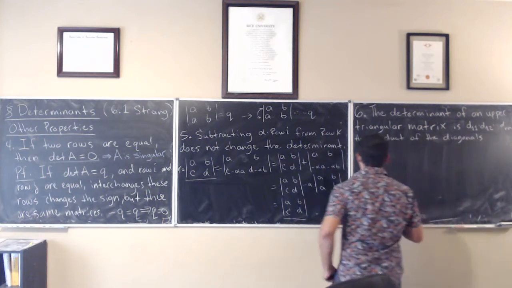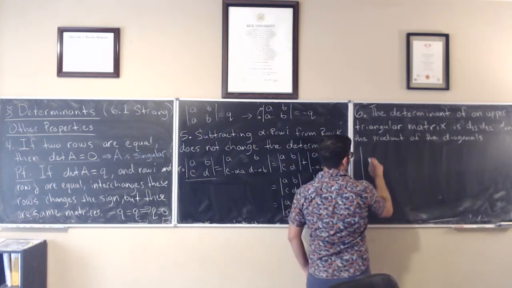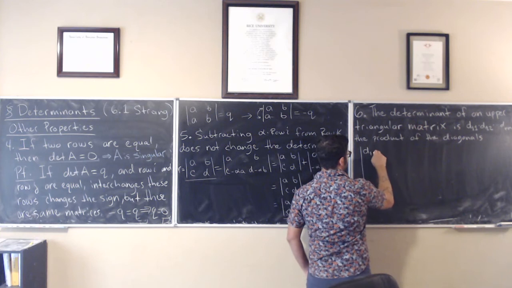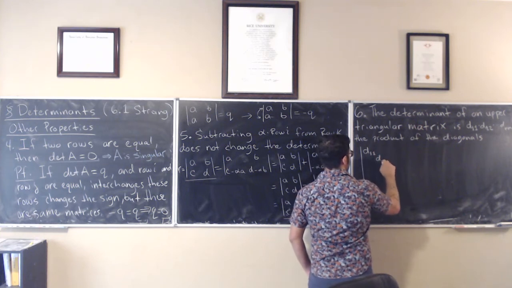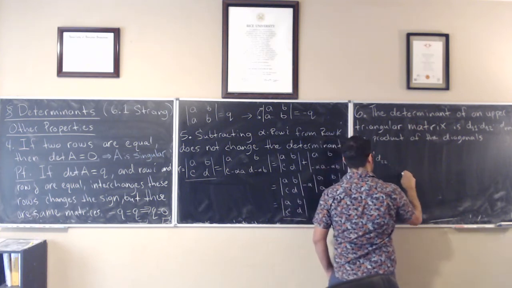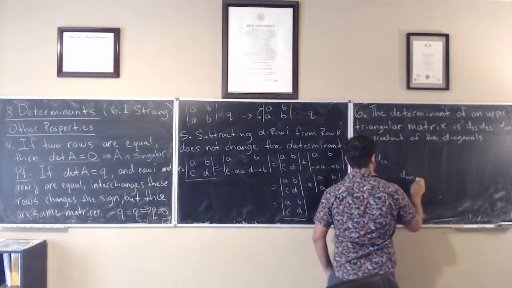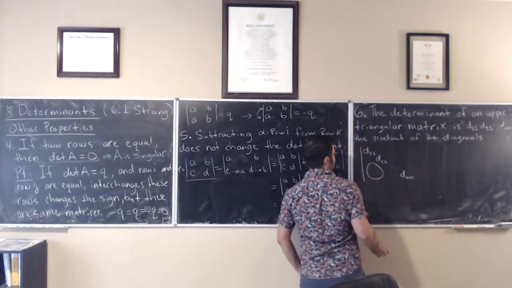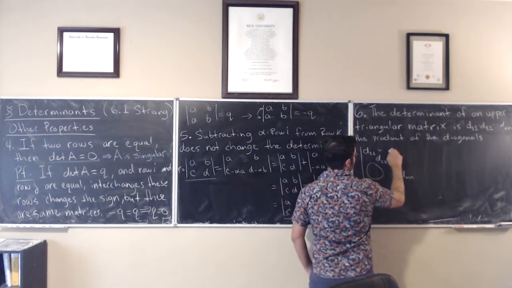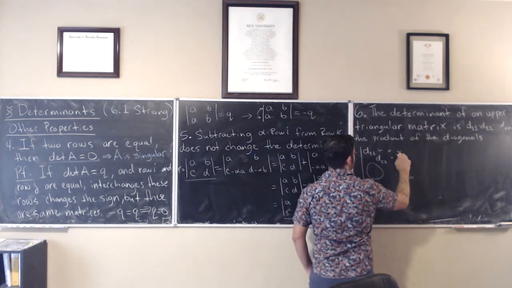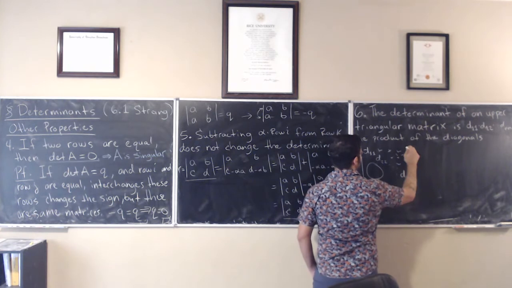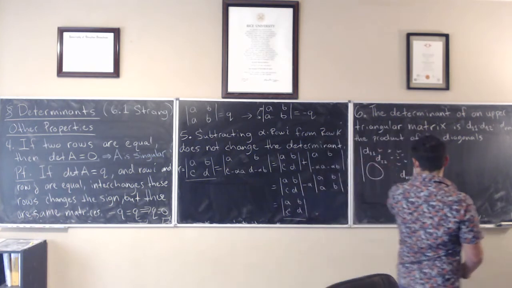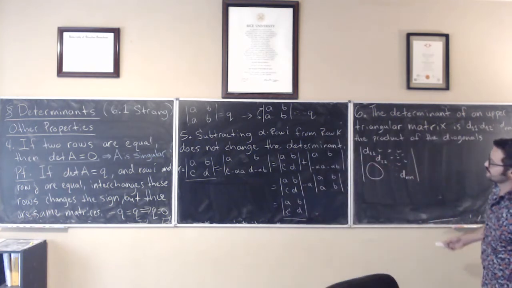So you have D11, D22, Dnn, and these are all zeros over here, and then you don't know what these entries are. This is the upper triangular matrix.